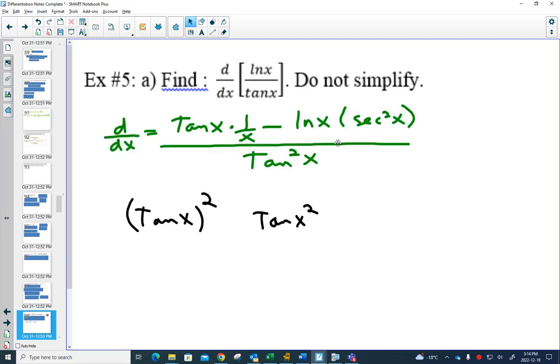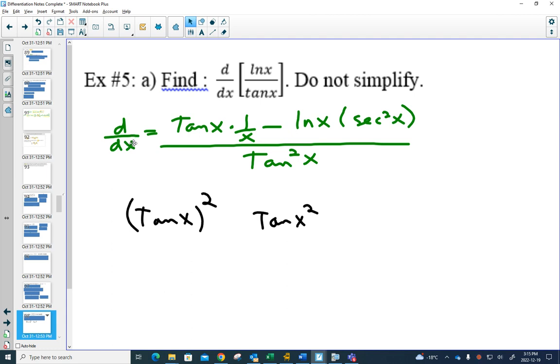How'd you do on the derivative? Technically, this notation on the left is not quite right, but we'll leave it for now.